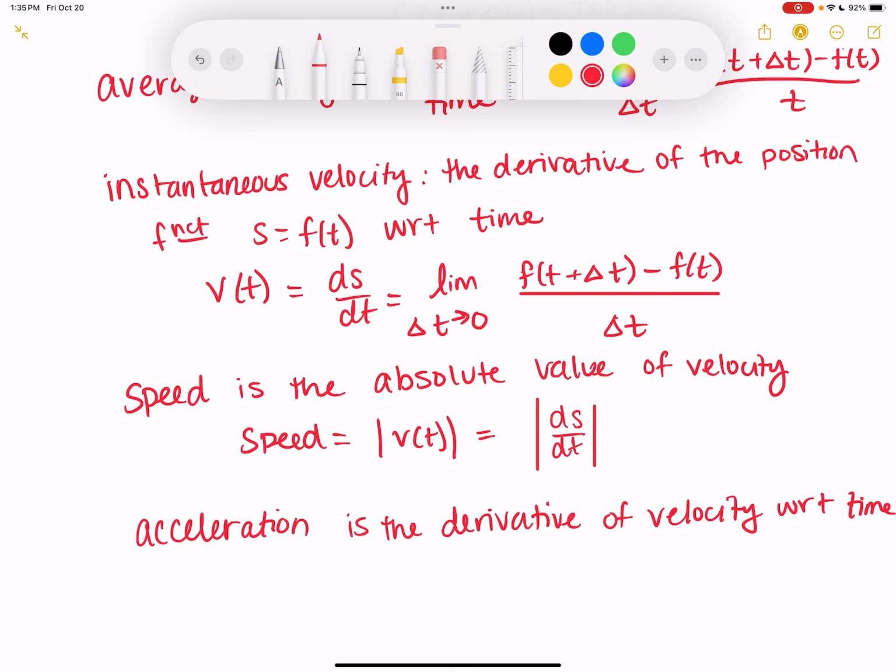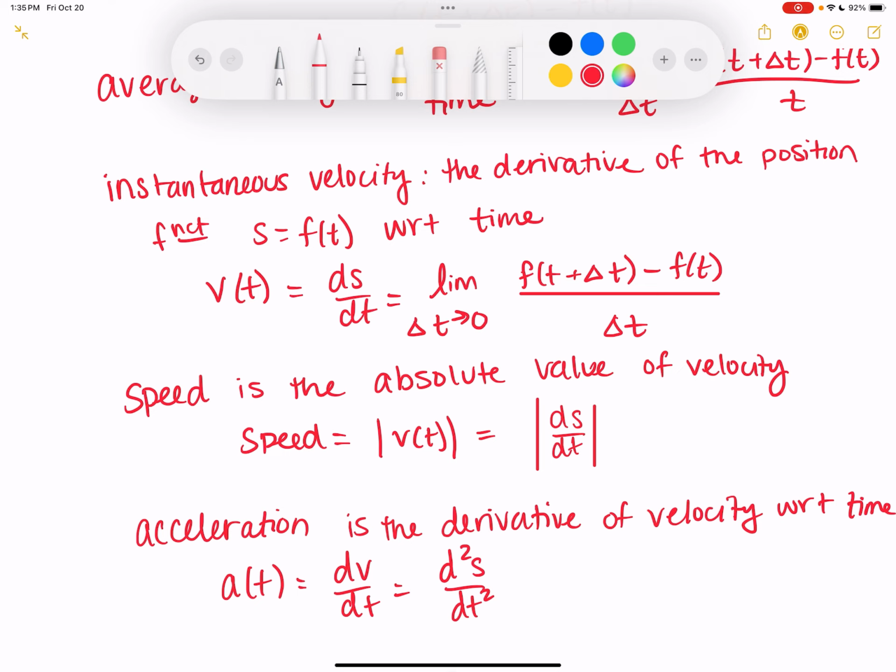So it's the first derivative of velocity, the second derivative of position. If you're given position and you want acceleration, take the derivative, that gives you velocity. Take it again, that gives you acceleration. So a of t is equal to dv/dt, or it's equal to d²s/dt², which just means the second derivative.